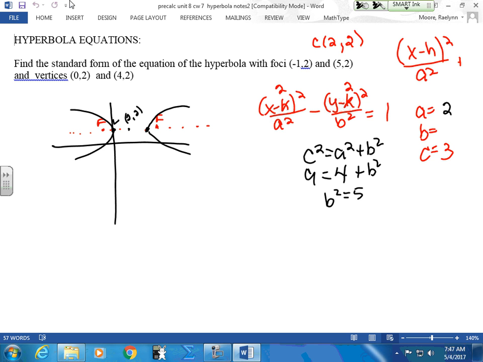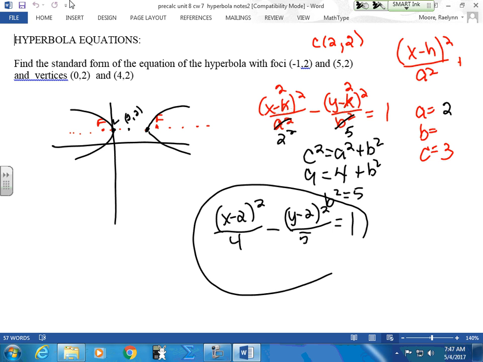All I need is B squared. I don't need to worry about the radical. So now I can replace A squared with 2 squared, and this guy with just 5. So I get x minus 2 squared over 4 minus y minus 2 squared over 5. There's my equation.